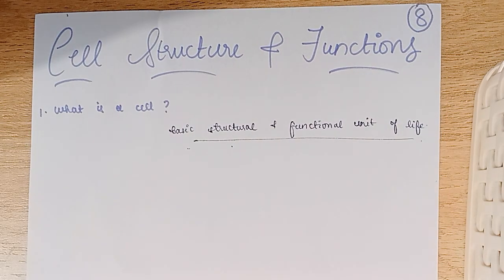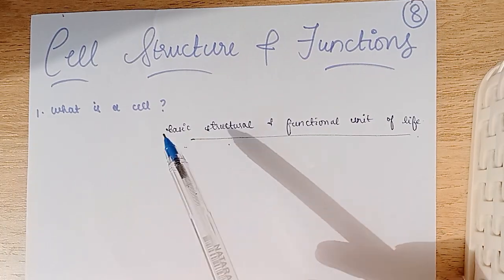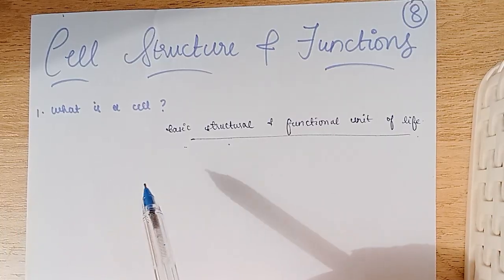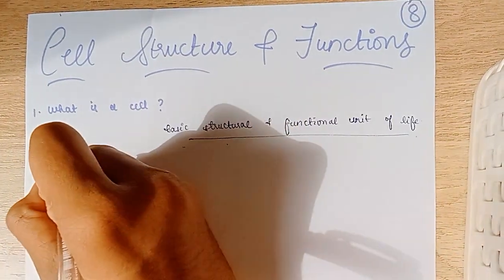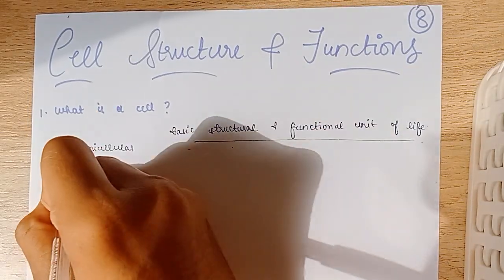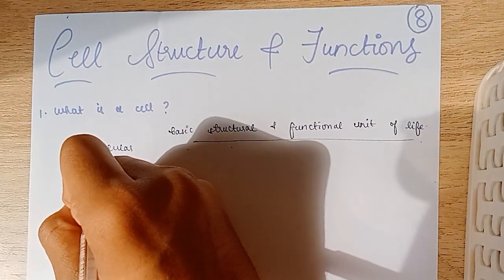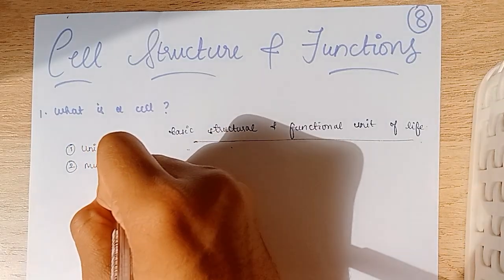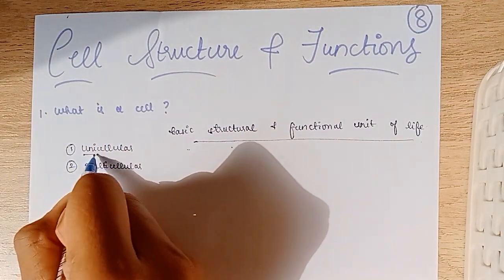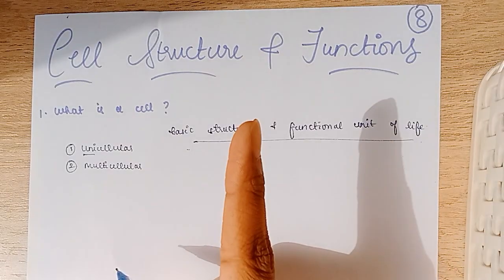Now, there are two types of cellular organisms. Mind you, cellular organisms are the organisms that are comprised of cells. Number one is unicellular organisms, and number two, multicellular organisms. From the name itself, uni means one cell.